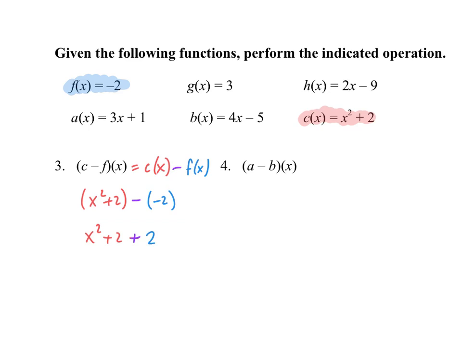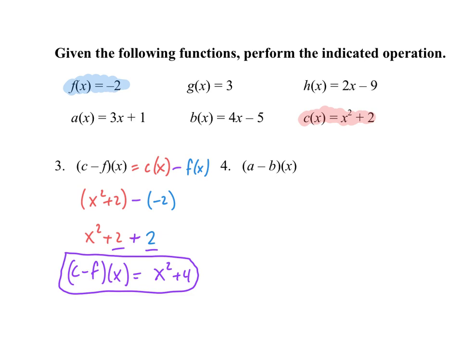So I should have x squared plus 2 plus 2. And then combining like terms and finishing this problem up. So I'd say c minus f of x equals those like terms, those two 2's. So x squared is going to start that off, and then plus 4. So there's c minus f.